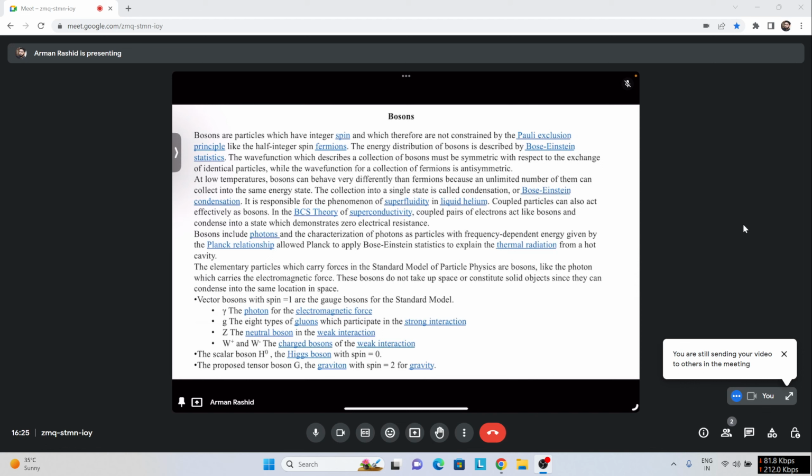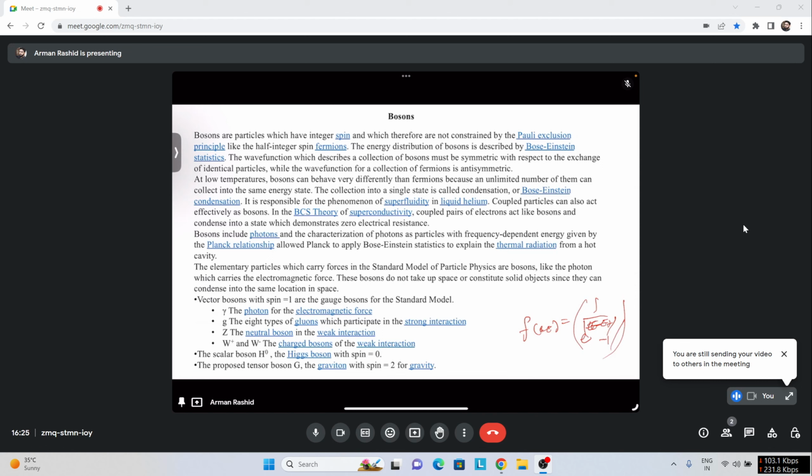Their energy distribution is given by another distribution called the Bose-Einstein statistics, which is 1 divided by e raised to the power (E minus EF) by kT, minus 1. So this is Bose-Einstein statistics.